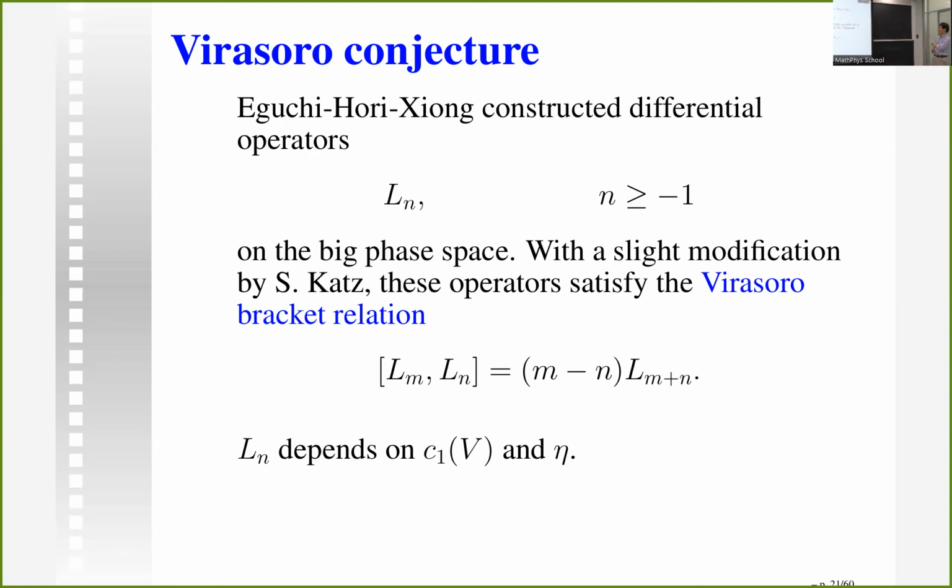With a slight modification given by Getzler and Katz, these operators satisfy the Virasoro bracket relation: the bracket of L_m and L_n is equal to (m minus n) times L_{m+n}. Here, L_m depends on the first Chern class of the manifold. It also depends on this intersection here.